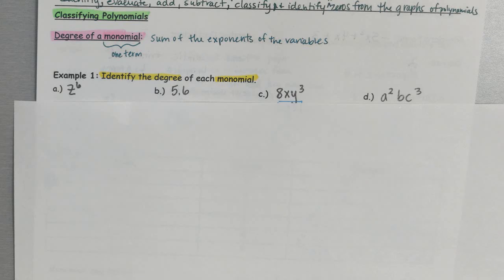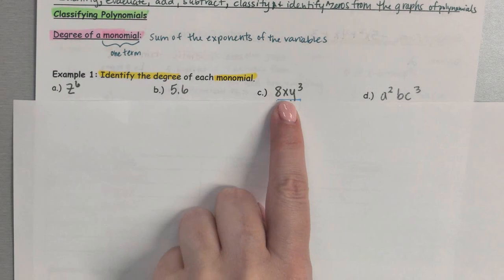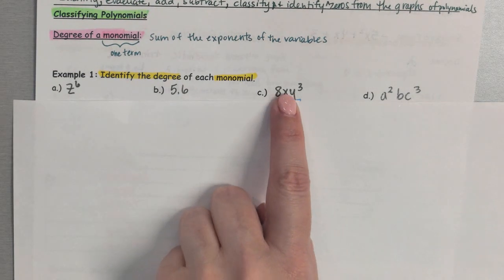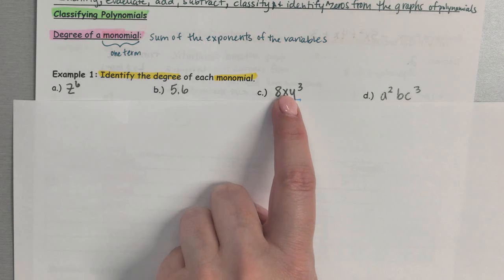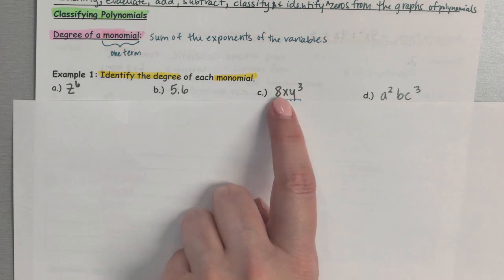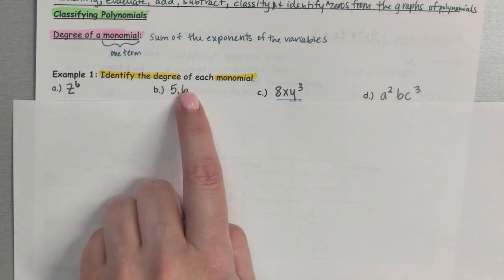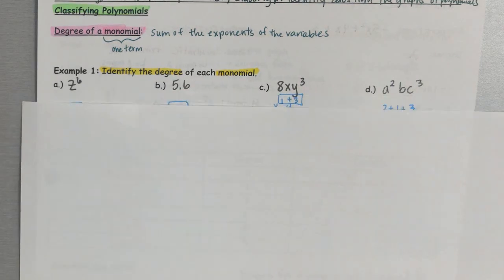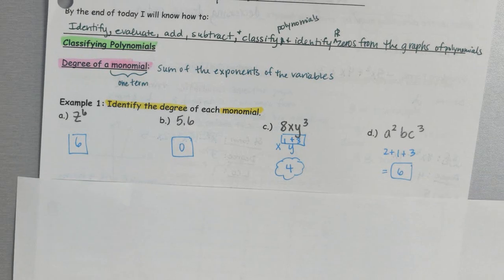This one just doesn't have a power to it. Yeah, Yetta, what are you thinking? Okay, so when we were doing this one, do you guys remember what the degree was for x? 1. Okay, so the degree, or the exponent on a variable is going to be 1. If it's a constant term, no, it's going to be 0.